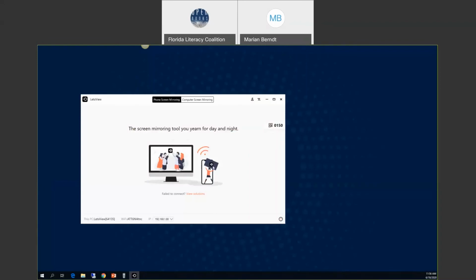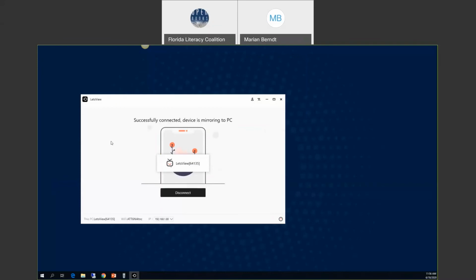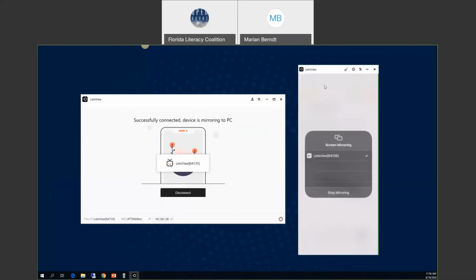So now on my iPhone, what I do is I go to screen mirroring, and it's going to be different phone by phone. All right. What you're looking at on the right-hand side of the screen is actually my phone. This is what my phone shows, and this box has also popped up on the computer.